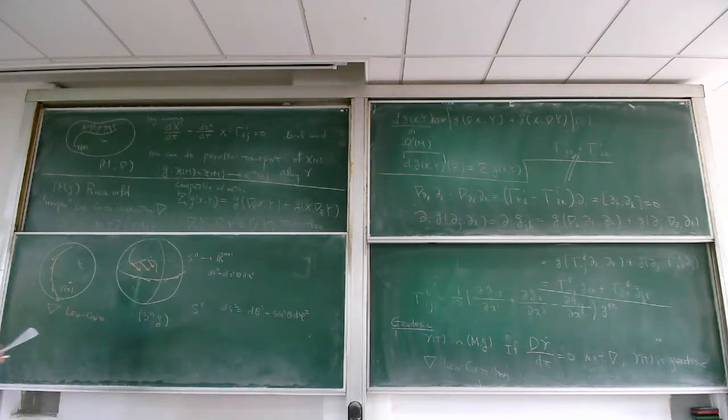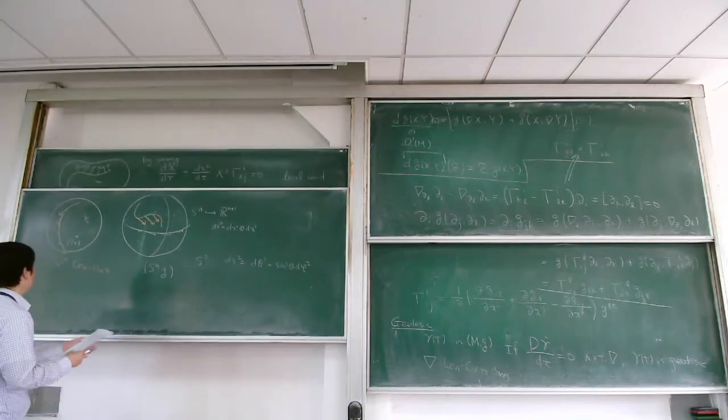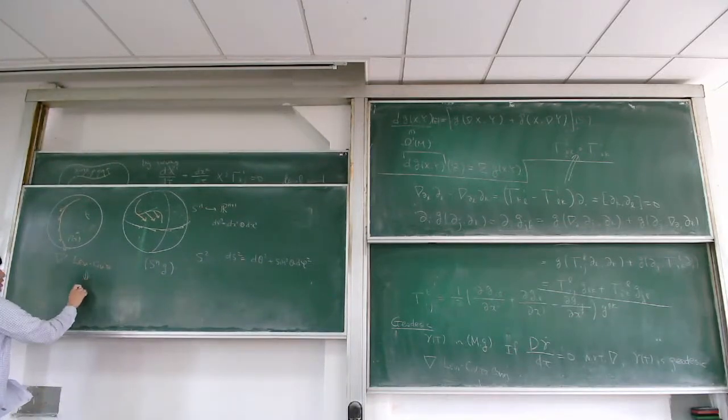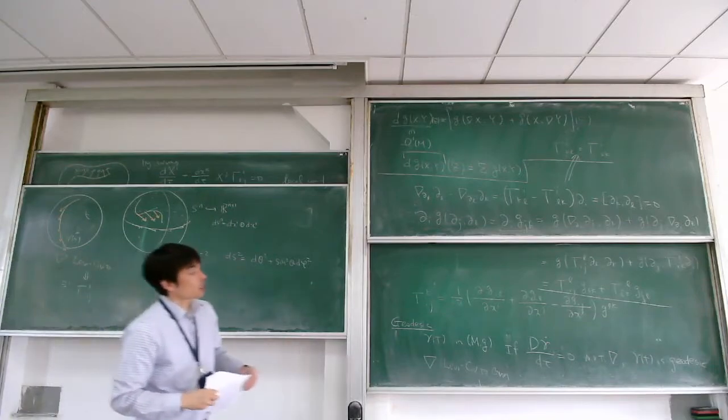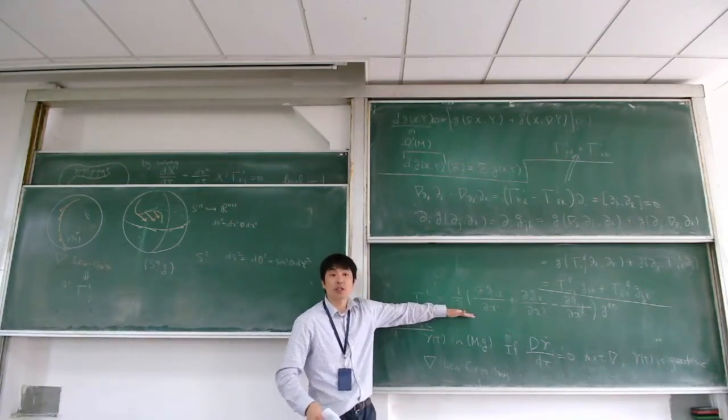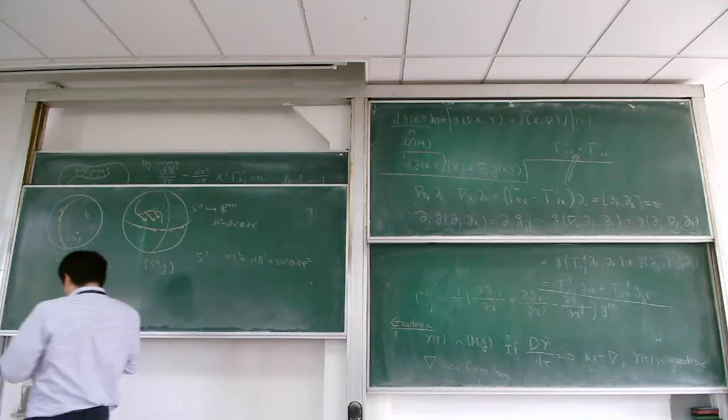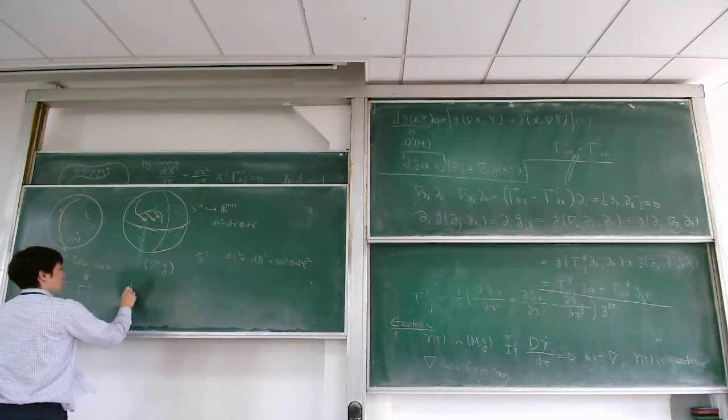In local coordinates, given the Levi-Civita connection, you have a unique Christoffel symbol computed by using the metric. Then you can just solve to get the geodesics.